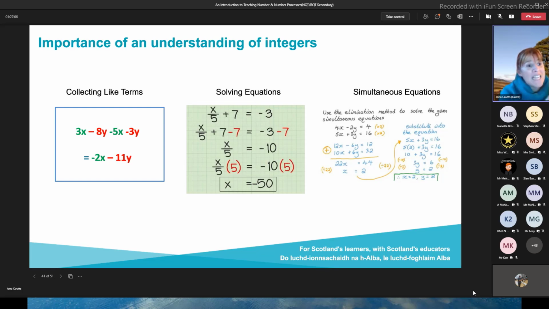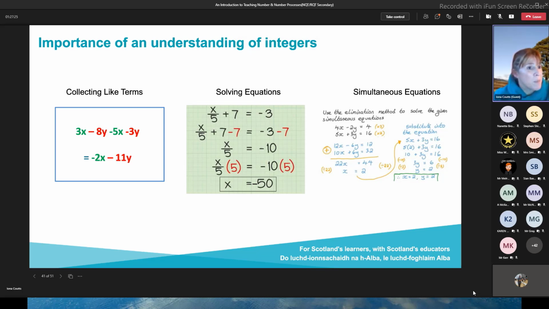So we've got 3 zero pairs there and an extra -2 x's. So that's why the resultant term is -2x. That familiarity with zero pairs may well help learners immediately move on to collecting like terms with negatives quite happily.